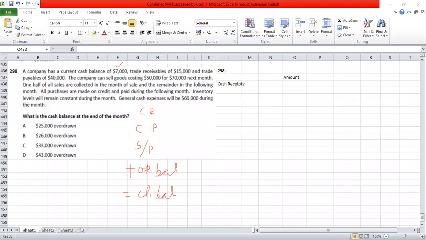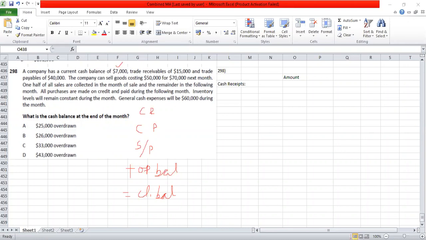So likewise, every month, a part of it is collected in the same month, a part of it is collected in the next month. So like that, the cycle goes on. One part is collected now, another part of the same month sales is collected in the next month. So like we are moving forward, something which happened in the past also might have come to the current period. So that is also very important.